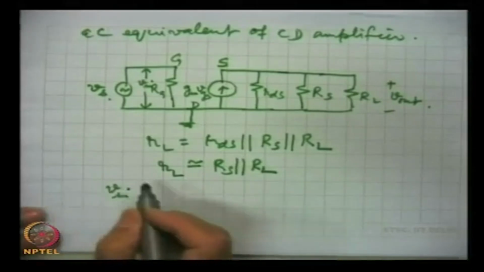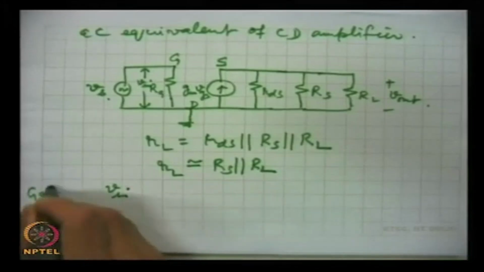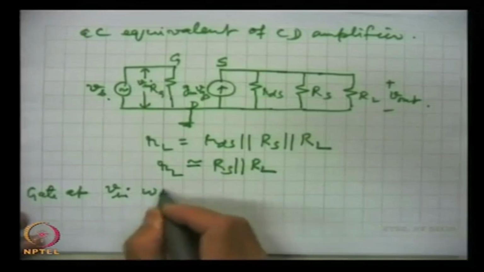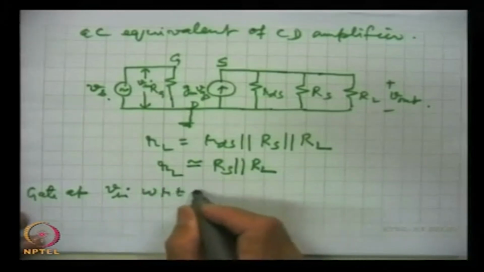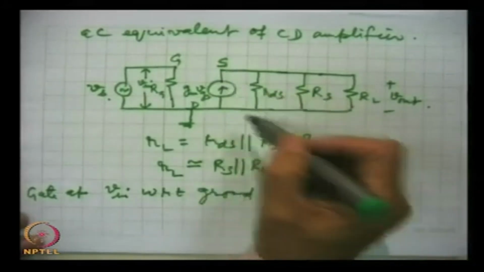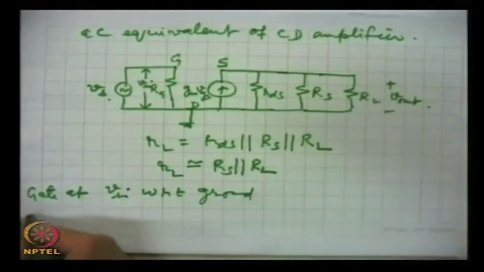This is the gate at V1 with respect to ground, and source with respect to ground is at V out.